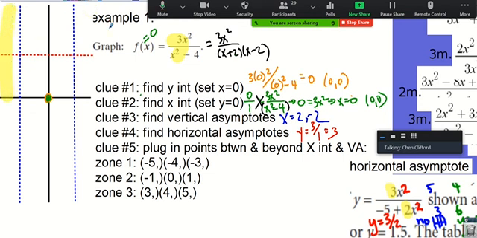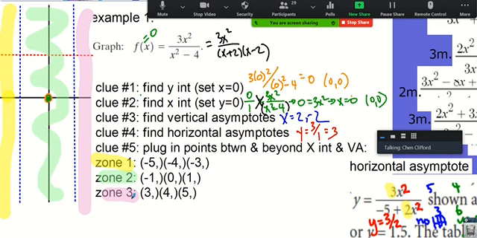I'm going to call this zone 1. I'm going to call this zone 2. And I'm going to call this zone 3. Again, your zones are created by your vertical asymptotes.